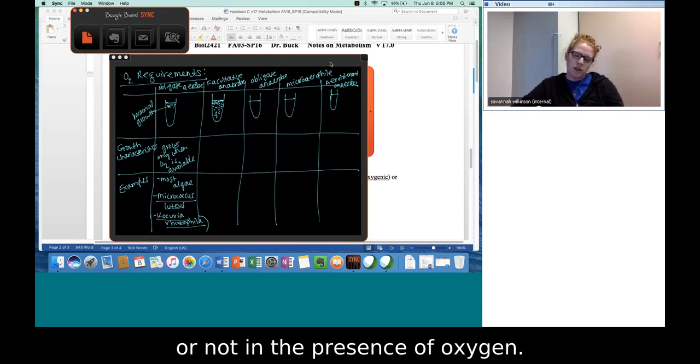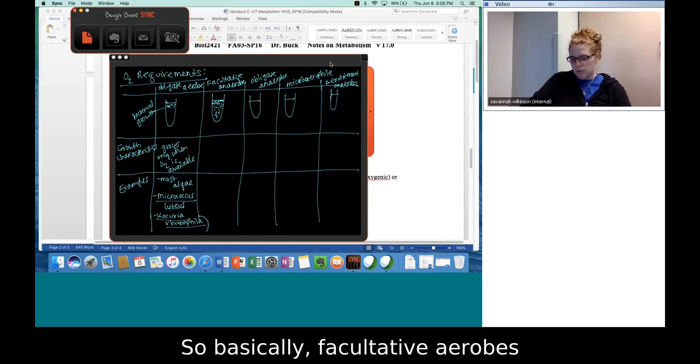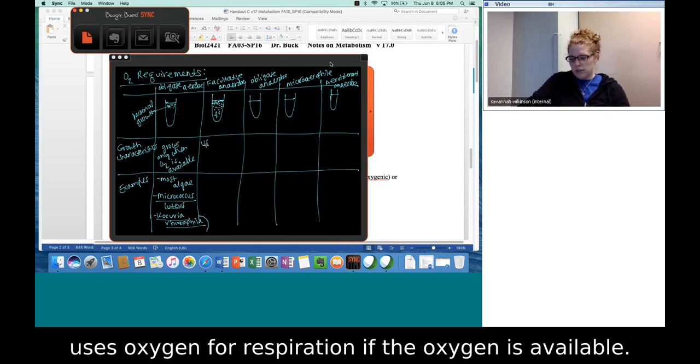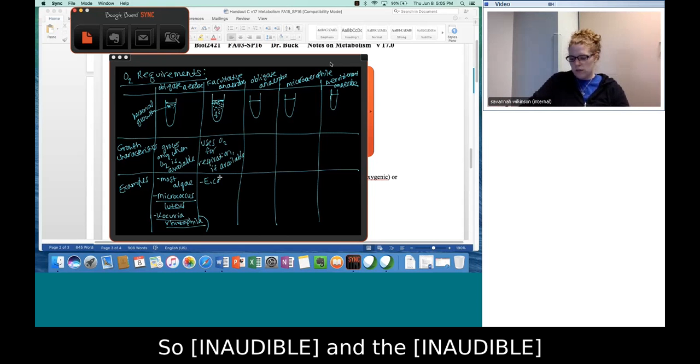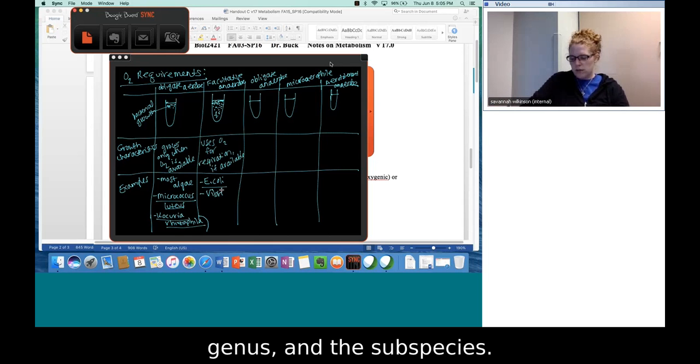So basically, facultative anaerobes use oxygen for respiration if the oxygen is available. Okay. So examples of this could be E. coli and the Vibrio genus.